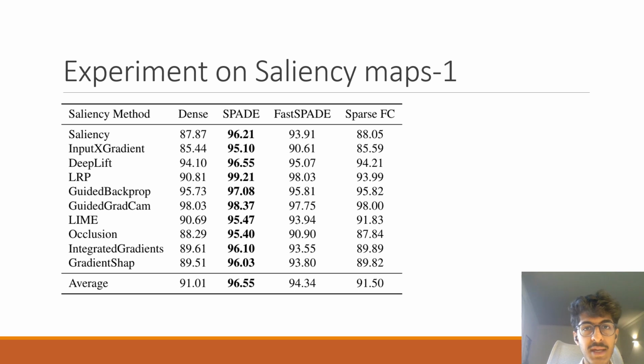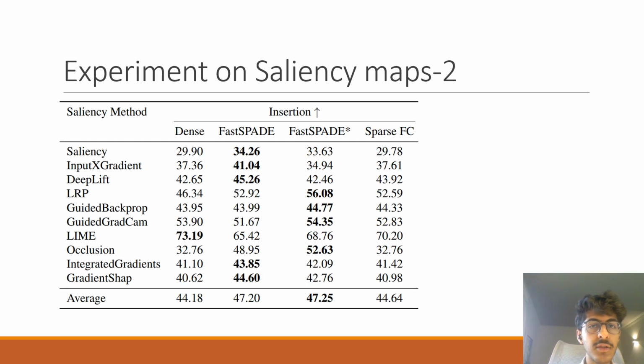As you can see, SPADE improves all saliency map methods in this benchmark, including input X gradient, deep lift, LRP, guided backprop, lime, and many more. We also evaluated SPADE using other benchmarks like insertion and deletion, and SPADE improves most saliency maps in these benchmarks as well.